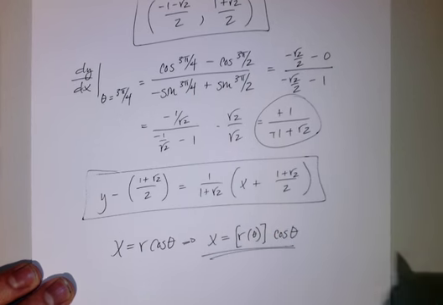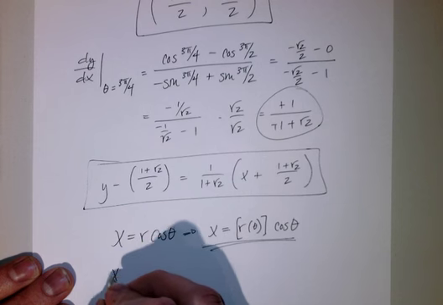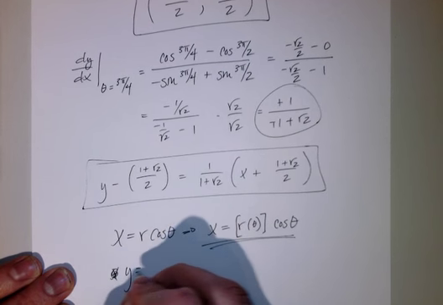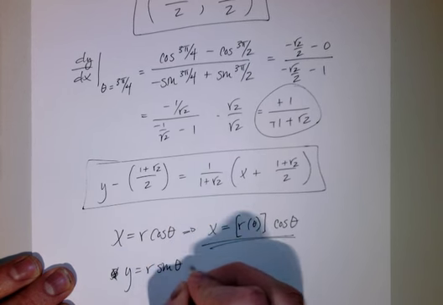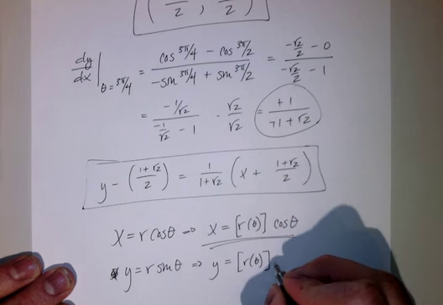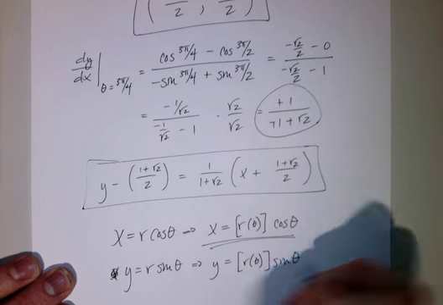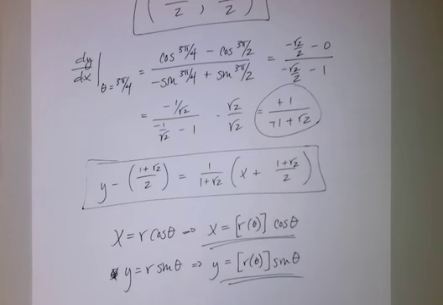That winds up being your x in terms of your parametricizing. Y is equal to r sine theta transforms into y is equal to r of theta as an expression, times sine theta. And then you just go ahead and move forward and find the equation of the tangent line the way you normally would with parametrics.